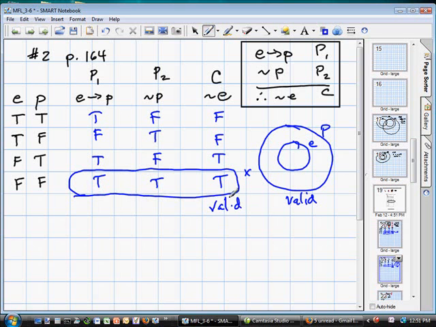When you're correcting the tests and assignments, instead of writing out all the true and falses, once there's a false in one of the premises, can you just stop writing the rest of the table out because you know it's not going to be valid? Like your first row where the opposite of P is false.